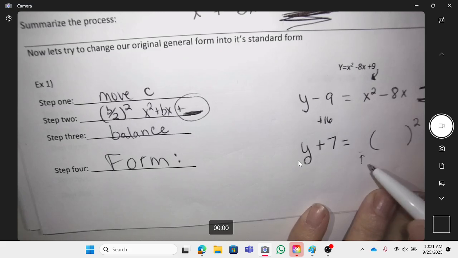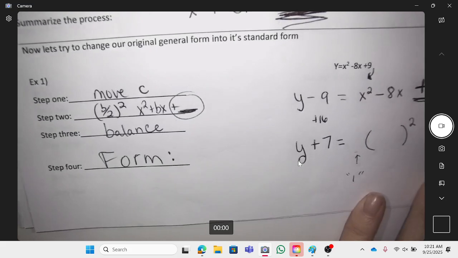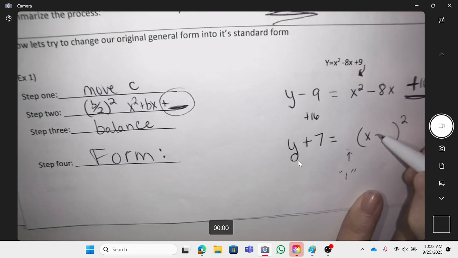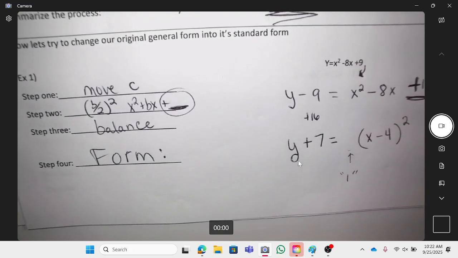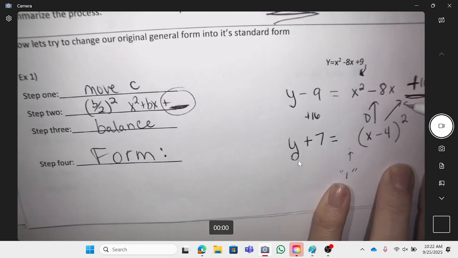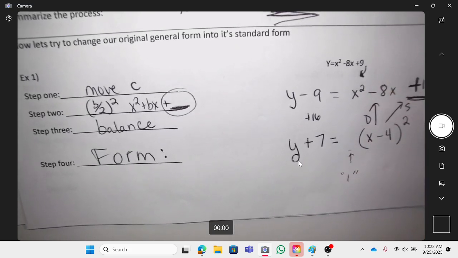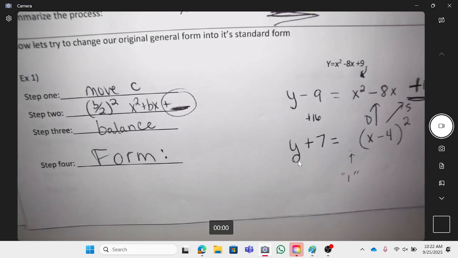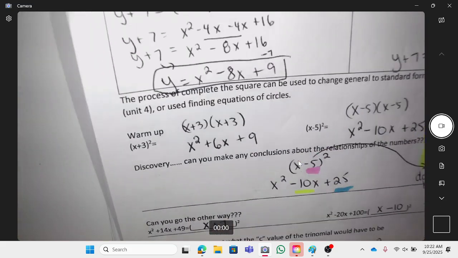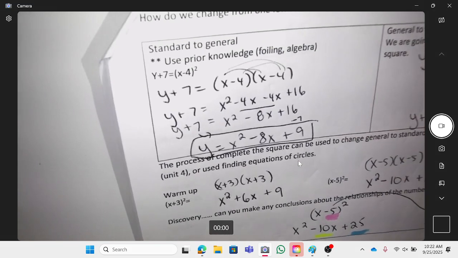Okay, this is just a 1, so we don't need to write that part. And x subtract 4. Okay, are you checking? Does that bracket number double and square? Is that how we started when we were at the top of the page? Hey, look at that, we did it, right?